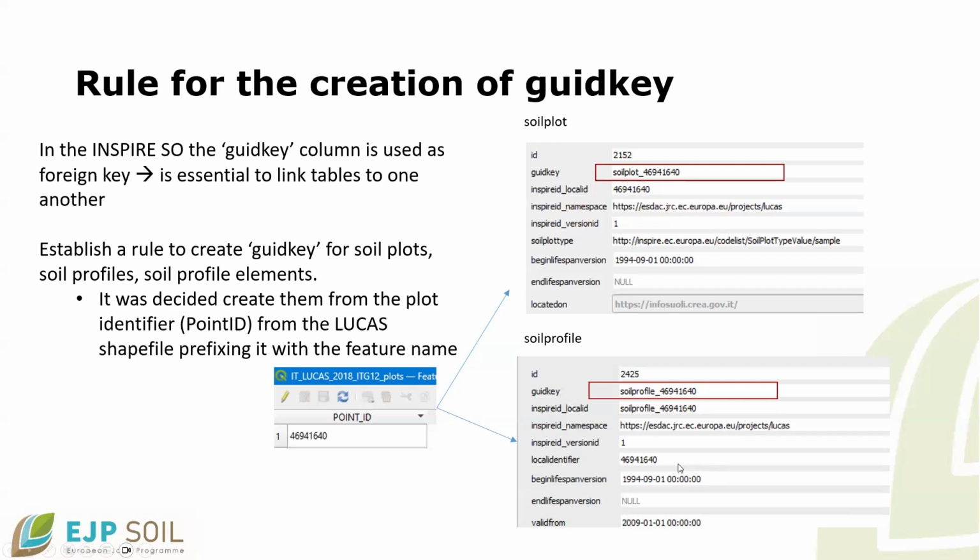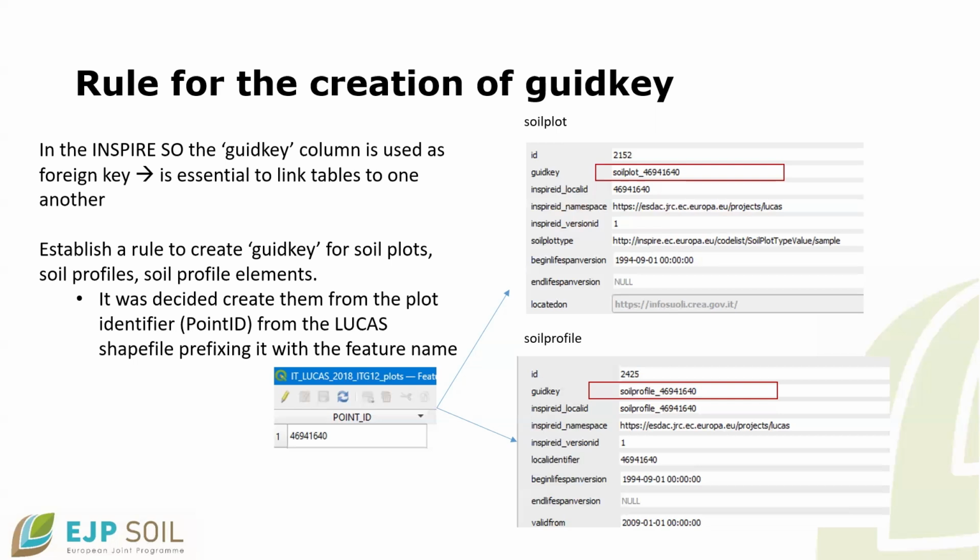So it was decided in this case to create GUID keys in Hale using an information that is in the Lucas shape file, that is the plot identifier. So we will take the plot identifier, so the point ID column from Lucas, and we'll prefix it with the feature name.